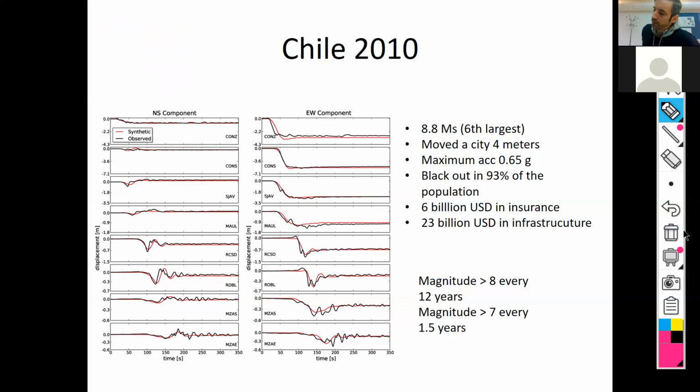Yeah, and some information about the earthquake. It had a maximum acceleration of 0.6 or 0.7 Gs sideways, right?